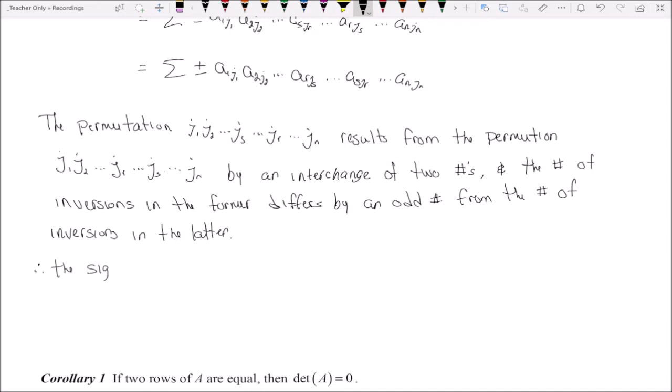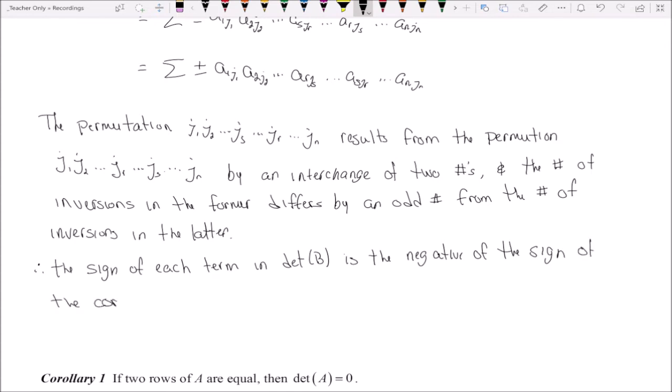Therefore, the sign of each term in the determinant of B is the negative of the sign of the corresponding term in determinant of A. Since all of the terms in determinant B are negatives of the corresponding terms in determinant A, we thus have that the determinant of B is equal to negative determinant of A as desired.